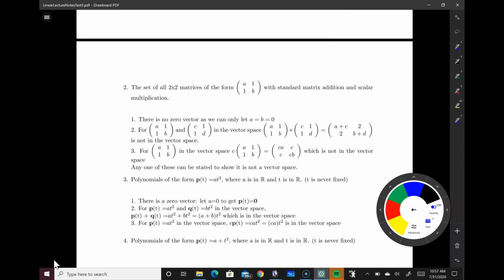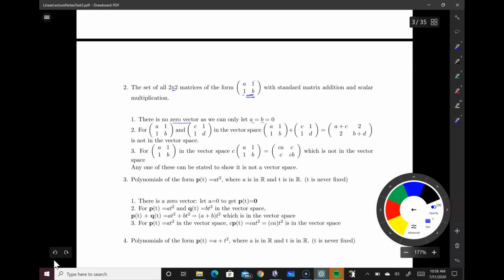So if I'm looking at all of the 2 by 2 matrices that are of this form, so not every single matrix of size 2 by 2, but matrices that look like this with regular addition and scalar multiplication that happens with matrices. All right, so let's first look at, is there a 0 vector? Well, I can let A and B equal 0, but I'm still going to have the 1s here because that's what all the matrices in this subspace look like.